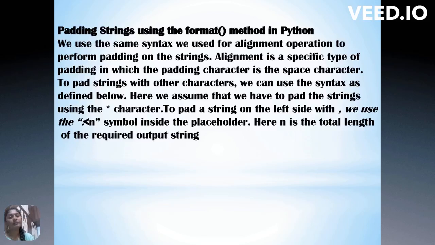Here we assume that we have to pad the string, then use the multiplication character, I mean this star. To pad a string on the left side, we use the greater than n symbol inside the placeholder. Here n is the total length of the required output string.